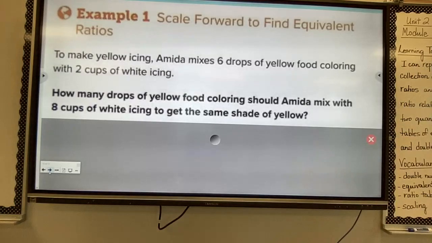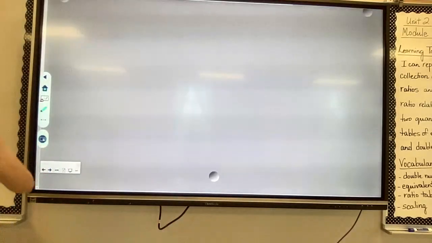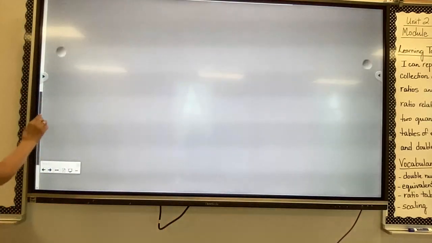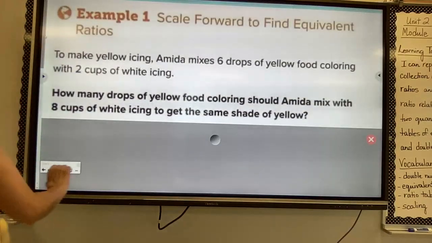So what we're going to do, we are going to create a ratio table with the information that we have. Here we go.